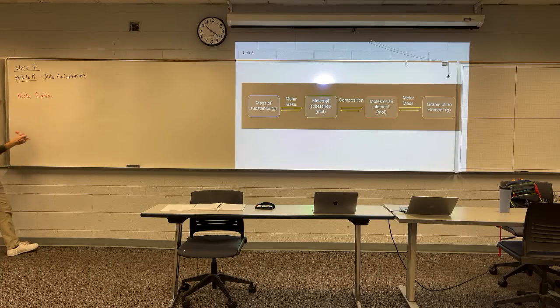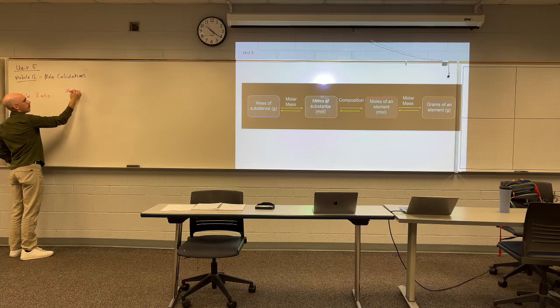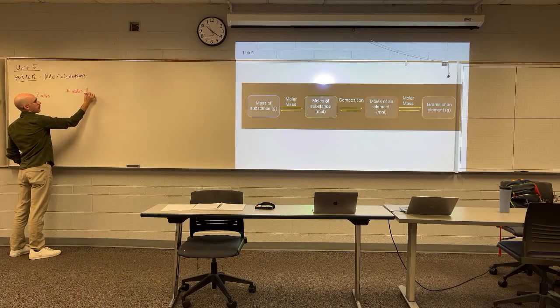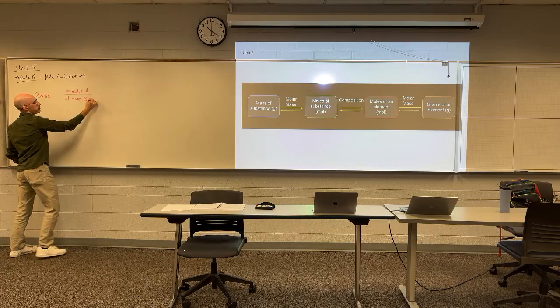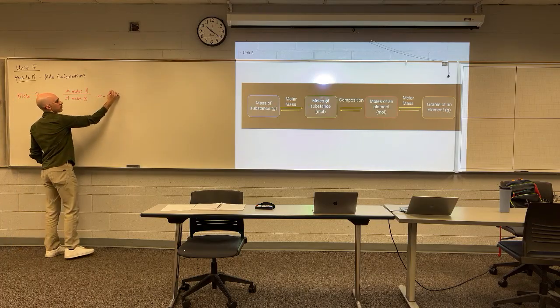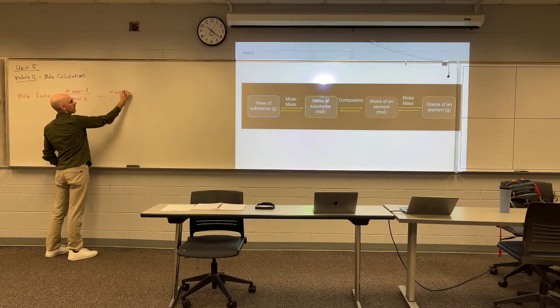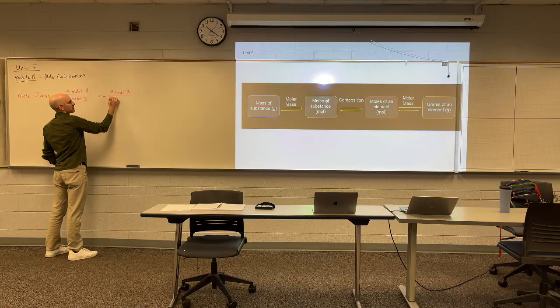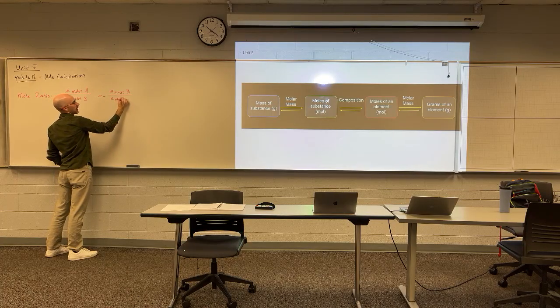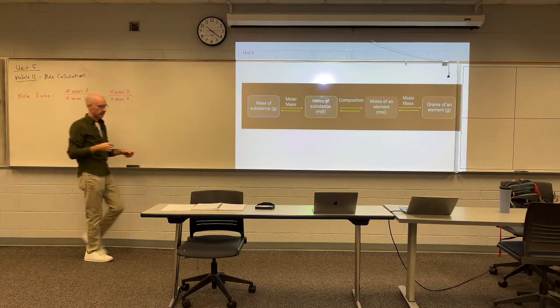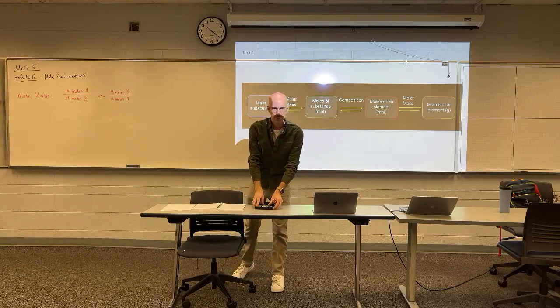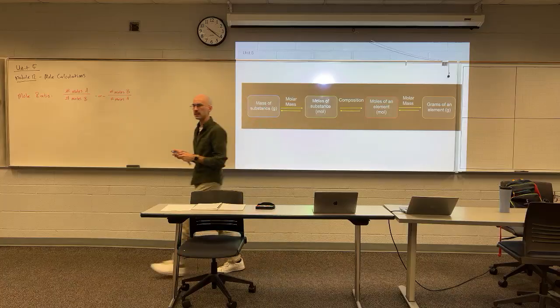Mole ratios are the number of moles of A over the number of moles of B, but we can write ratios any way we'd like to, which means that we can flip this ratio upside down whenever we need to. These two moles have to be related somehow.